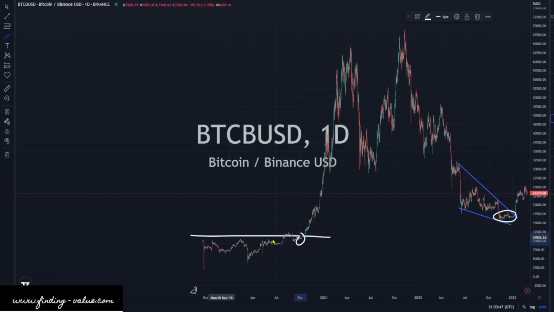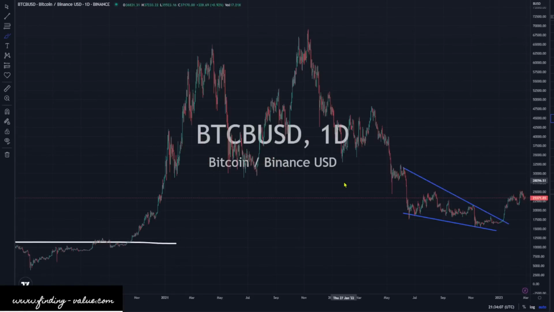This is all squeezed up of this. This guy here is that guy there. So it's really squeezed up in there. It's all jammed up. And this here could be this here. Could be. So we could see a very big move in Bitcoin coming up, which is a possibility.